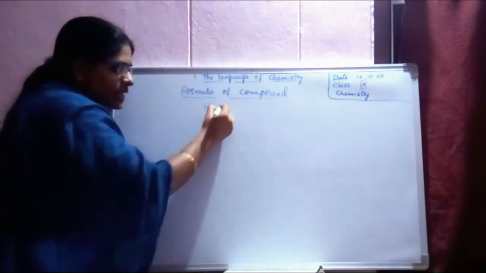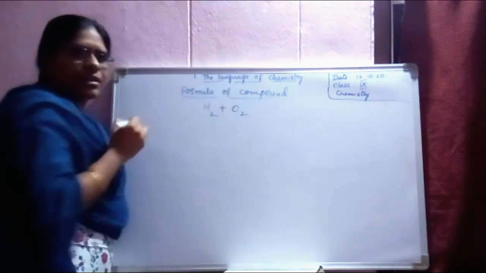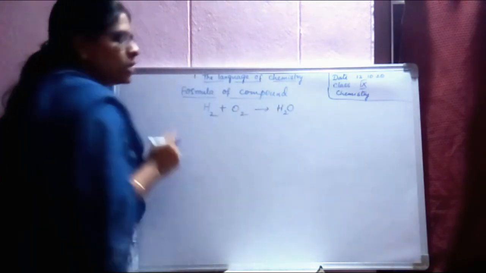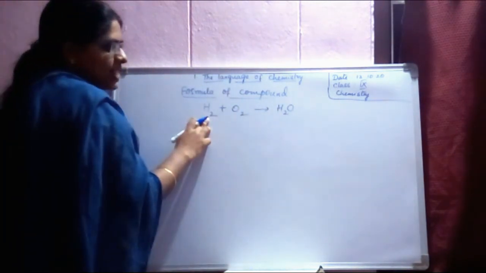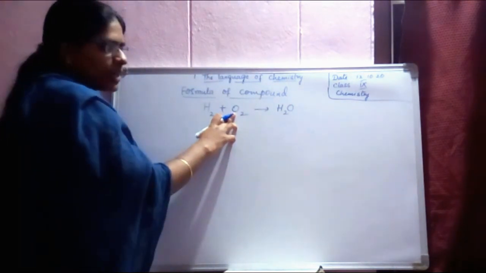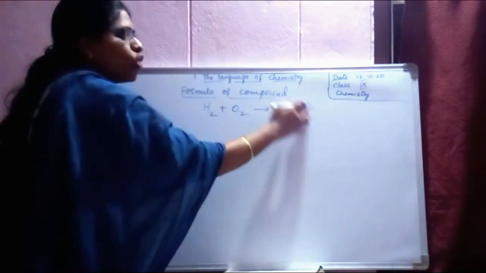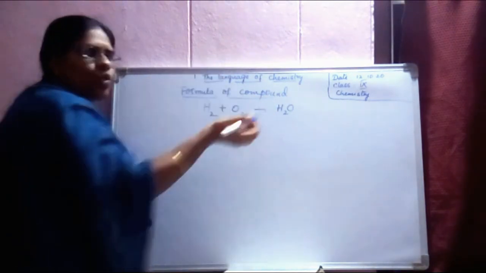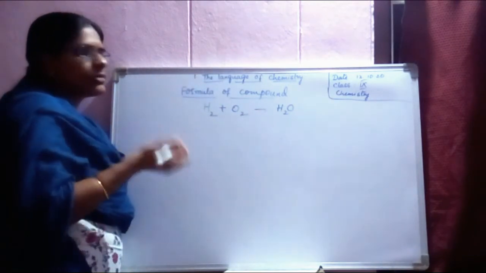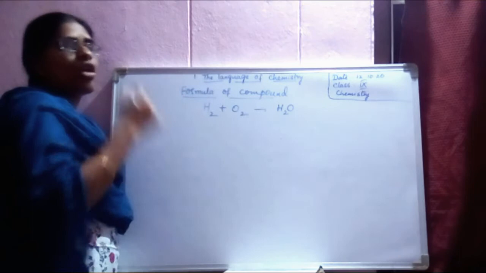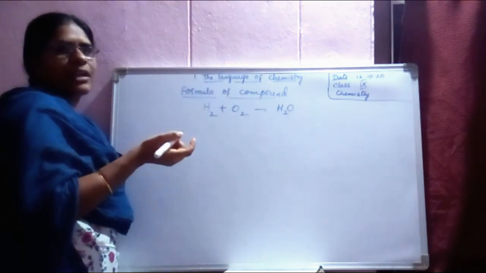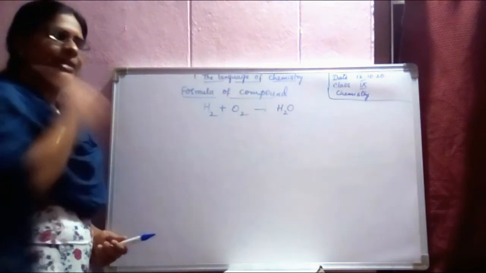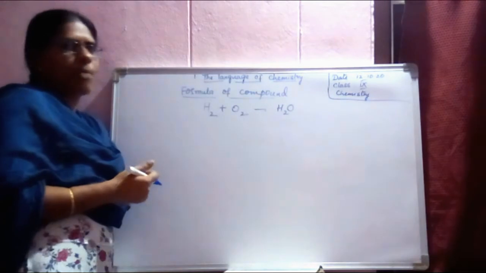When it is mixed with oxygen, what are we getting? H2O. Hydrogen is an element, oxygen is an element. They combine to form a compound. Two or more elements combined is called a compound.